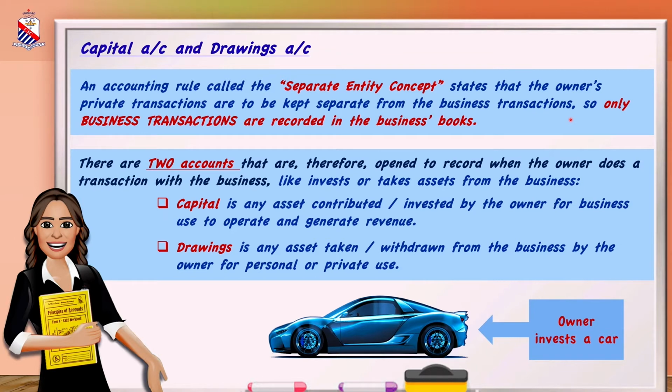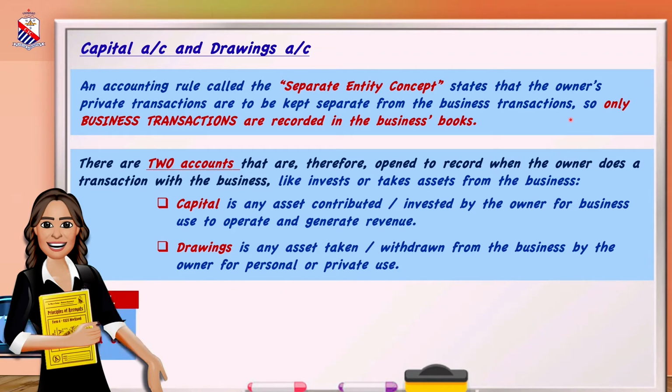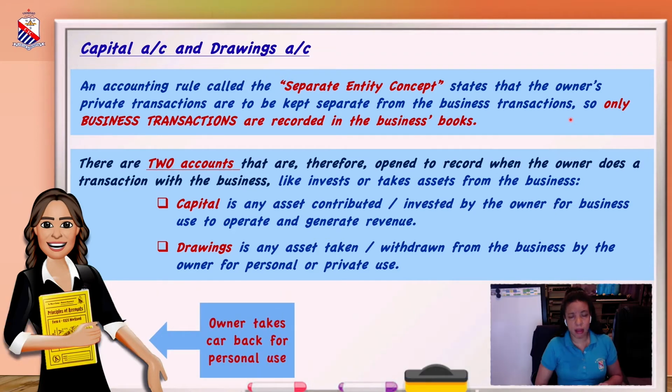Because he has now taken his private asset and contributed it to the business, it is going to be recorded as capital. So you see, that is capital whenever there is an investment of any asset, cash, bank, any asset, in this case a motor vehicle.